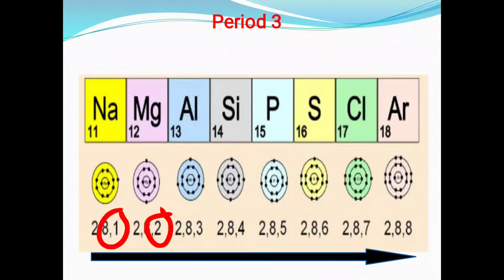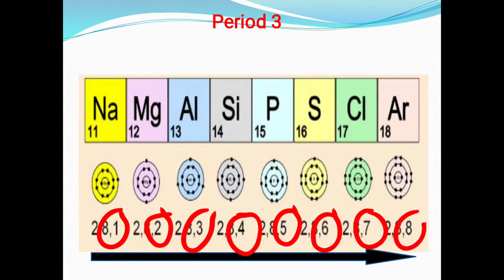In the group, the valence electrons were the same. Here the valence electrons go on increasing by 1. The valence electron of sodium is 1, magnesium is 2, then 3, 4, 5, 6, 7 and 8.